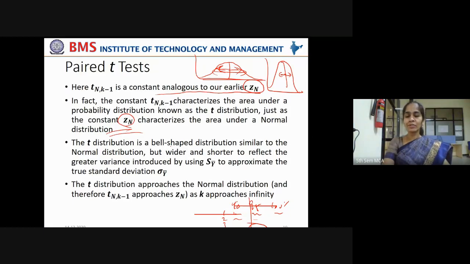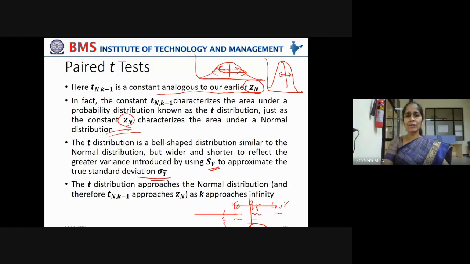So the T distribution is a bell-shaped distribution similar to the normal distribution, but wider and shorter to reflect the greater variance introduced by using S y bar, that is the standard deviation of the mean of the parameter being measured, that is the difference in the error between the two learning algorithms, what we are measuring, that is y. Okay, by using S y bar to approximate the standard deviation sigma y bar.